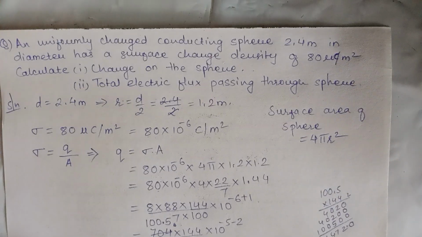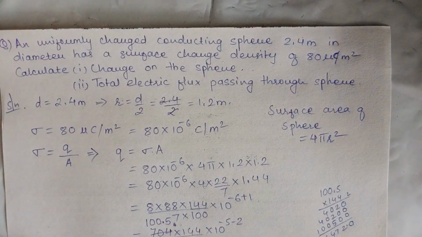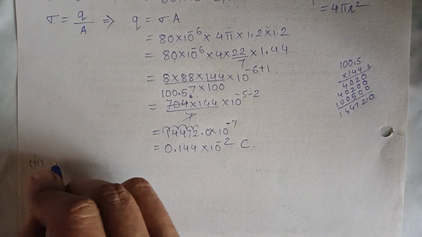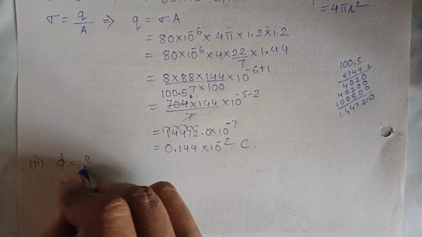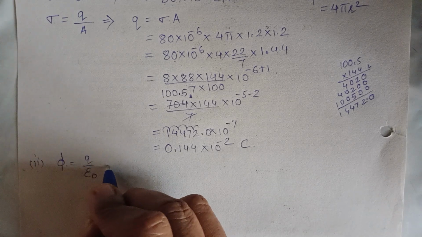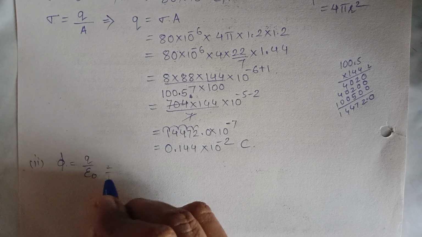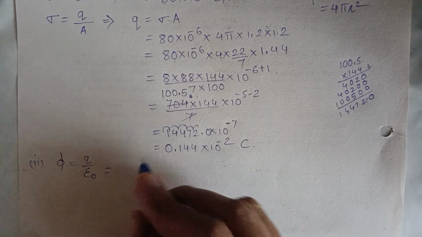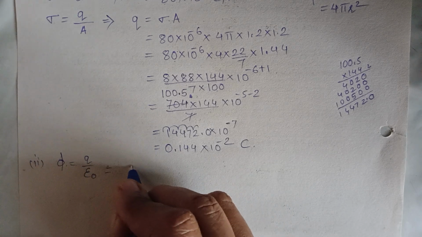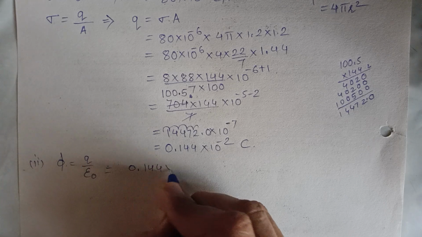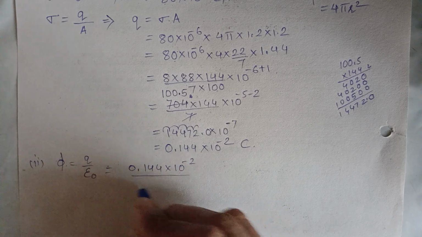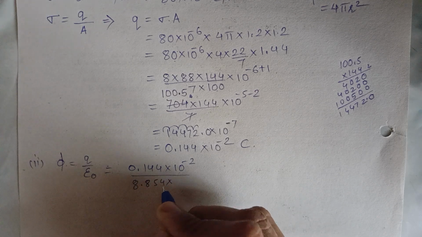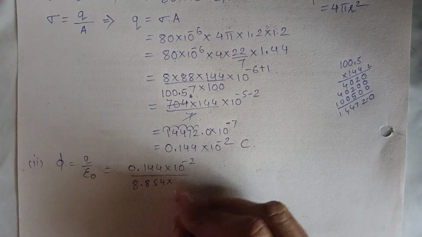Second, we have to calculate the total electric flux passing through the sphere. So electric flux is given by phi is equal to q upon epsilon naught. So epsilon naught value is given, q is this. So I'll write it as 0.144 into 10 raised to minus 2 upon 8.854 into 10 raised to minus 12.